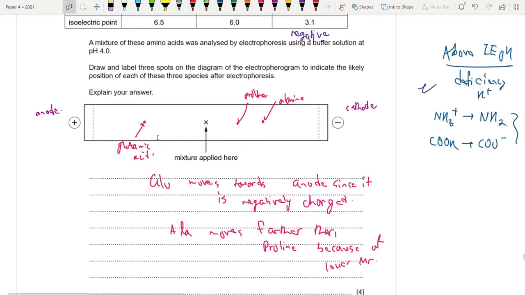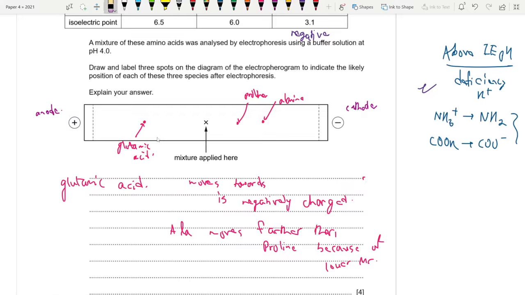Now, we will write that down, okay? So we're going to say that glutamic acid moves towards the anode. Why?